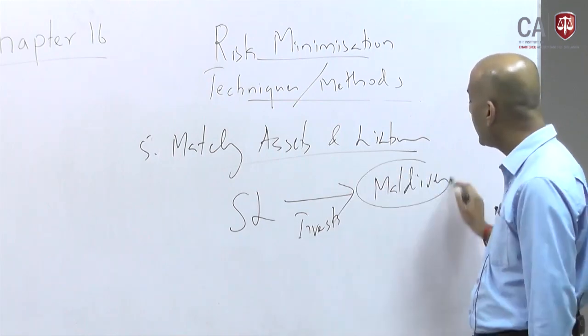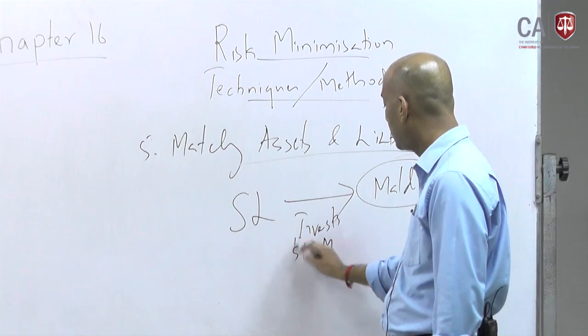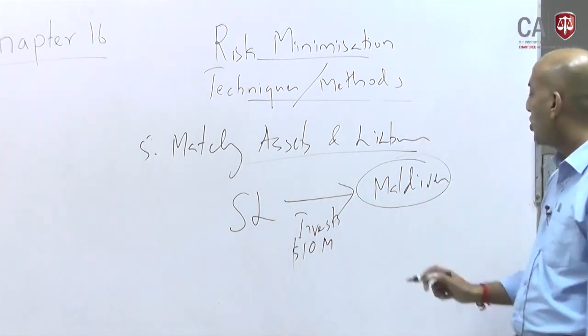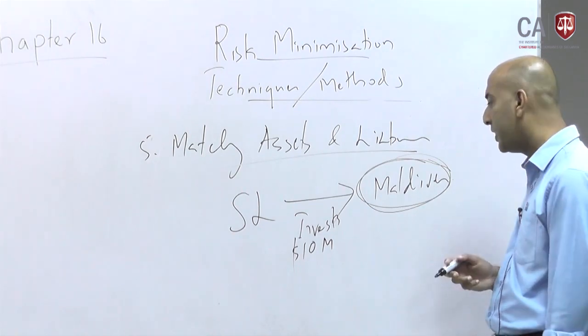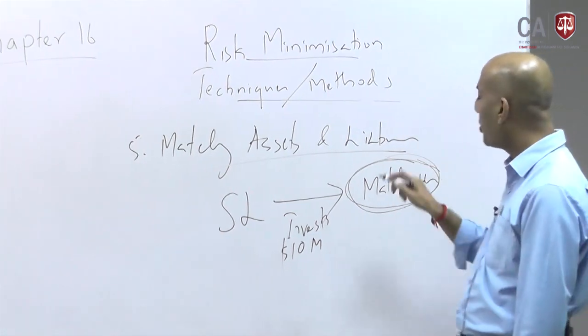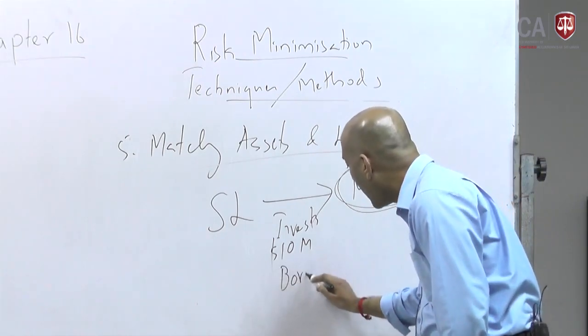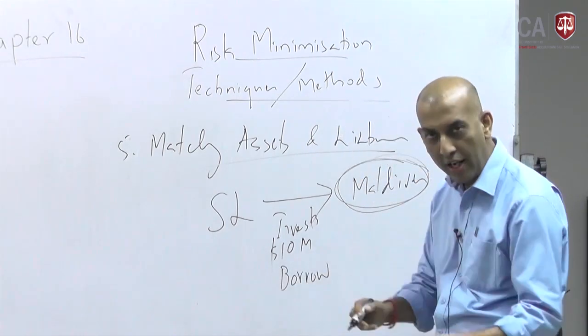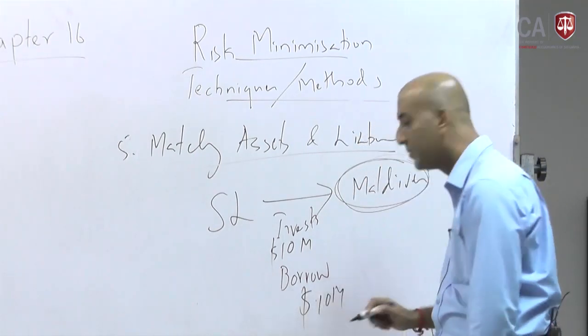In the Maldives investment, you are making, say, $10 million. This is the investment you are making in Maldives, maybe buying a resort. In order to invest $10 million, you can borrow, maybe in Sri Lanka or in Maldives, again in dollars, say 10 million.